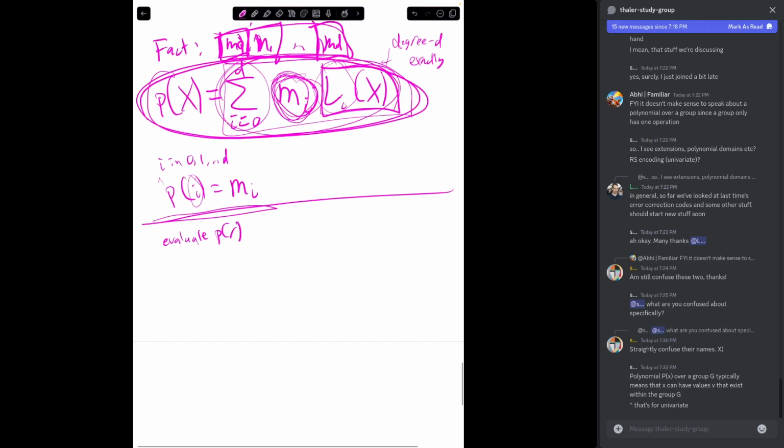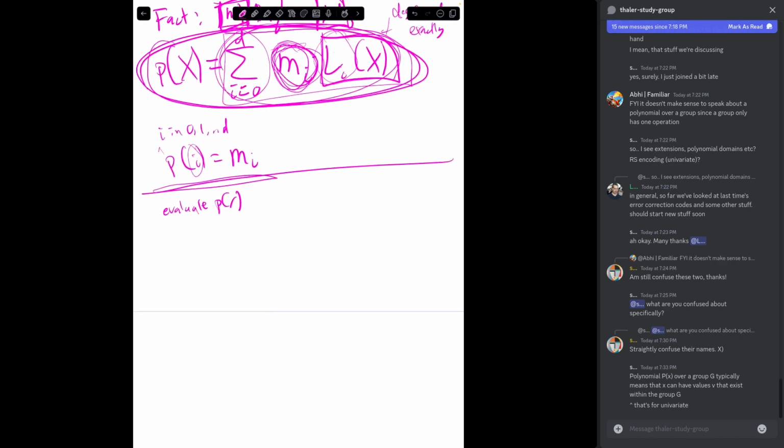So all that's really important here is that the Lagrange basis is a basis such that we can evaluate every basis polynomial at R, the desired point, in linear time total, in order D total time. It's not required that we be able to construct the basis in linear time.